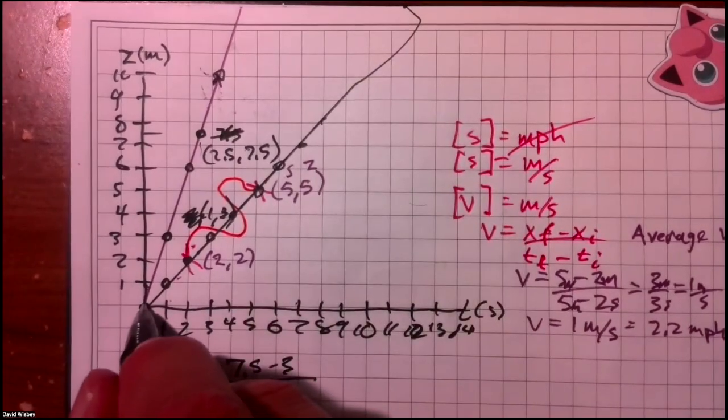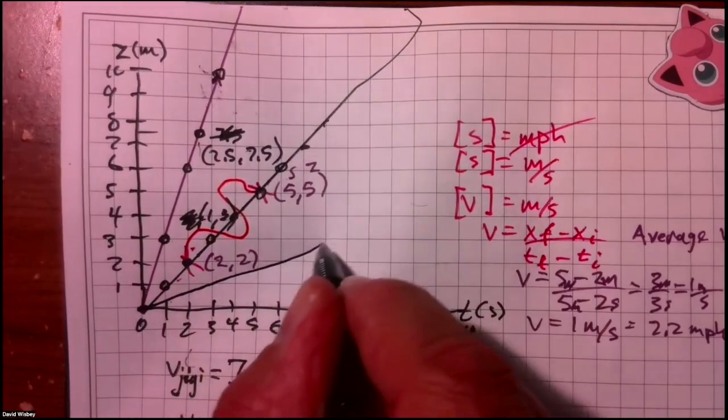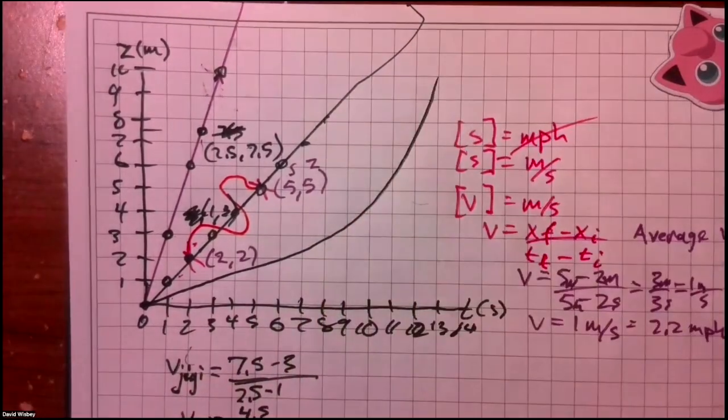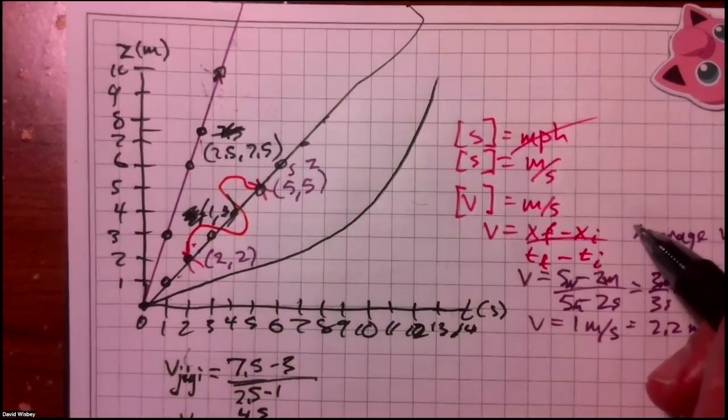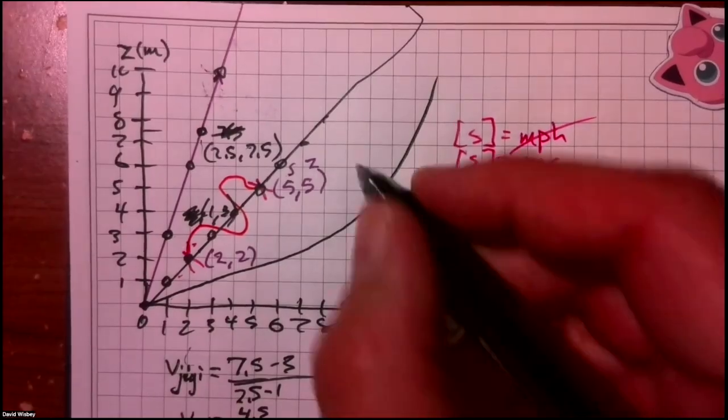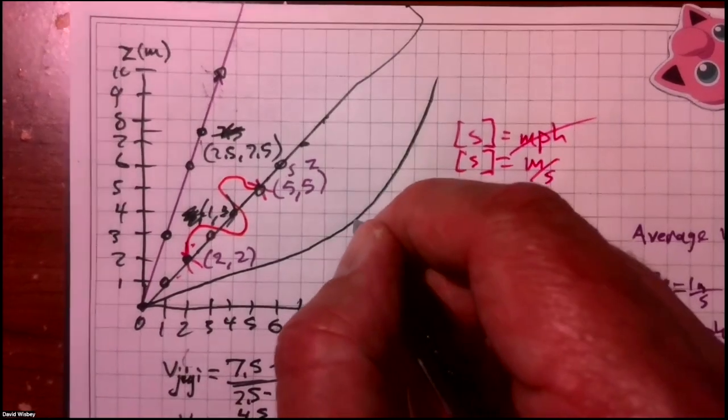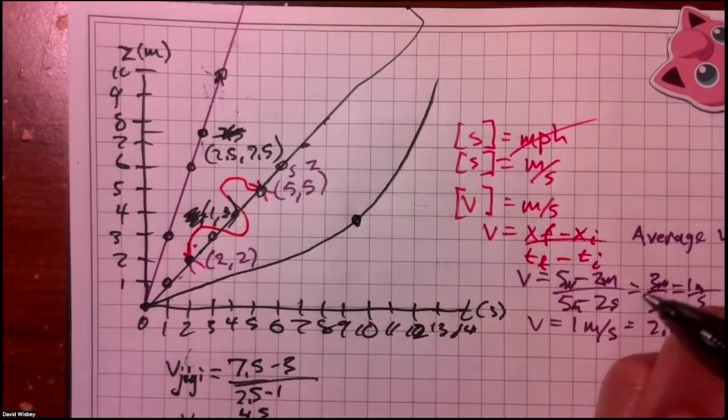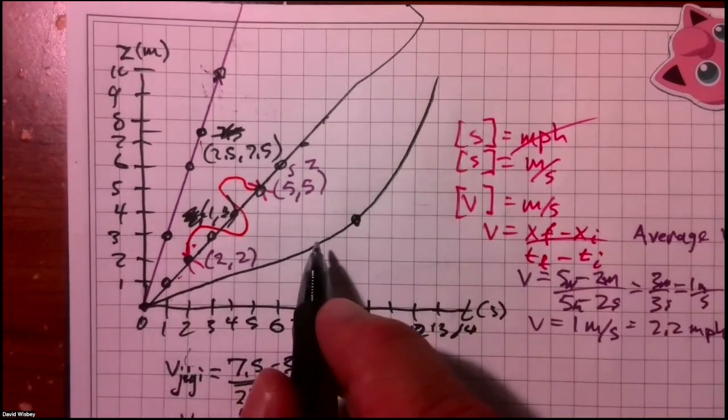Instead of a straight line, our object goes something like this, and then it maybe speeds up right there, and we want to know what the velocity is right there, because obviously it's changing.